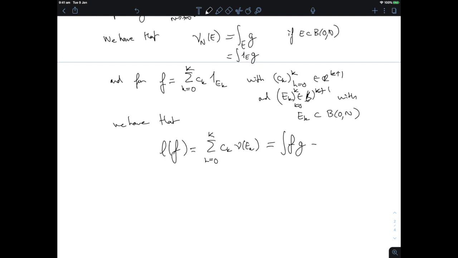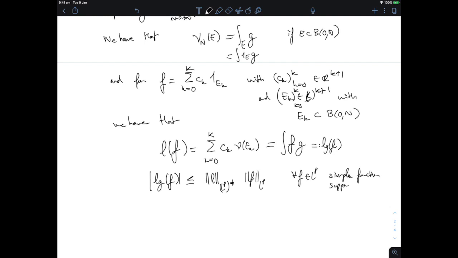So this Lg that we have here now is a linear map, and we have that Lg of f is certainly smaller than the norm of L as an element of LP star times the norm of f in LP for all f in LP that is a simple function, compactly supported in some ball.